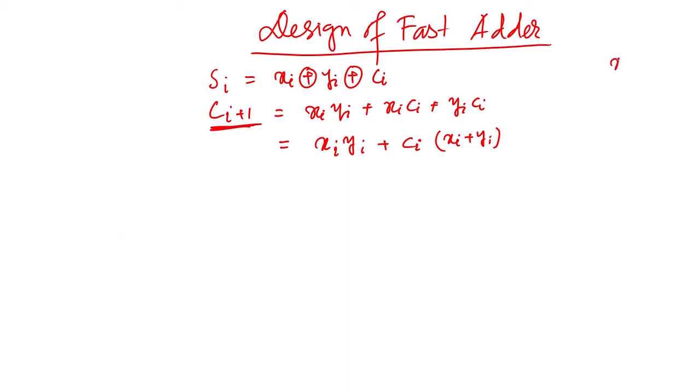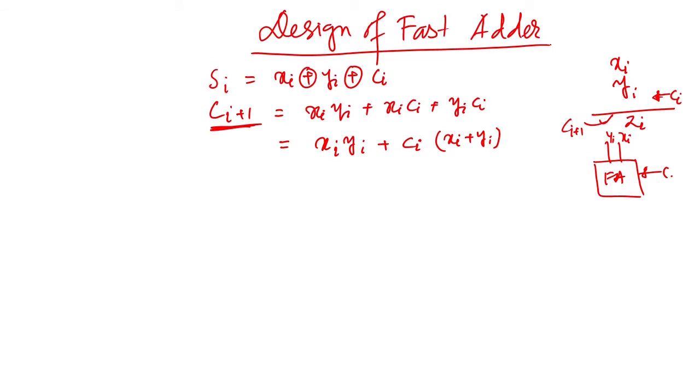So, whenever you have Xi, Yi and you have a signal Ci as input, the full adder is something like this: we consider Xi, Yi and this is Ci. Now here if you add Xi, Yi and Ci, you will get the sum Si and the carry Ci plus 1.